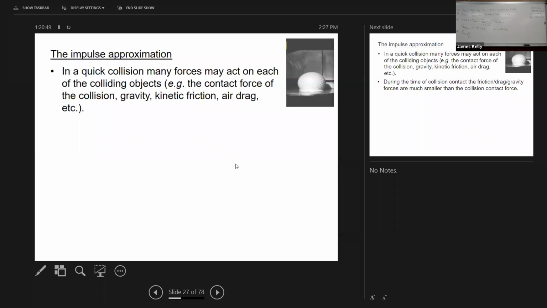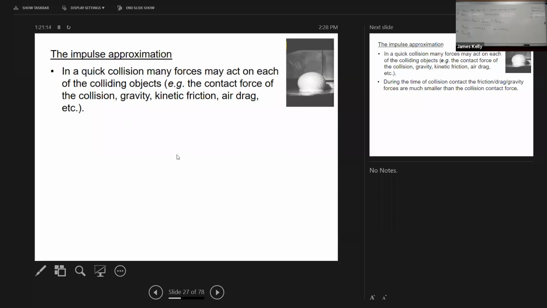It way overshadows what gravity is exerting. And therefore, the period of time is so small that gravity's impulse is negligible. The same will be true for frictional forces. If things are sliding on a frictional surface and collide in a quick collision, the friction forces will deliver a negligible impulse to each of the colliding objects.